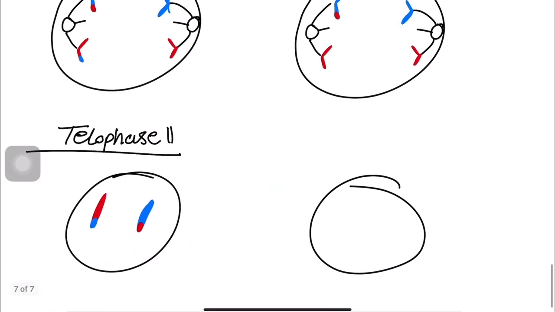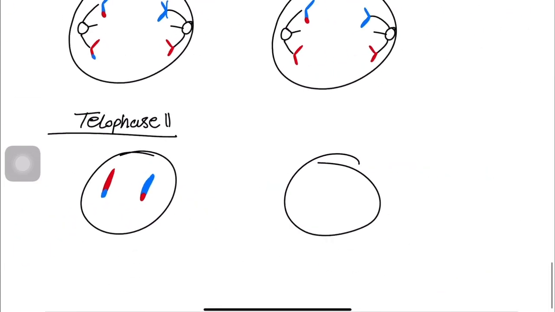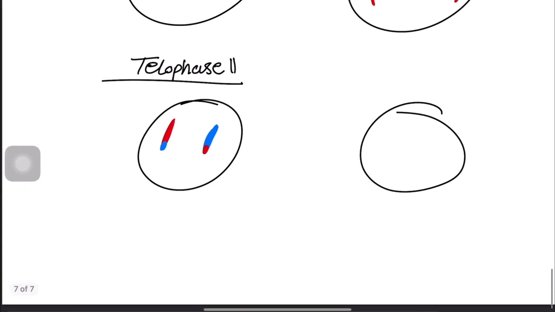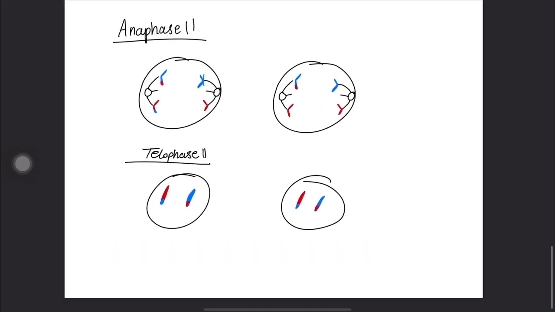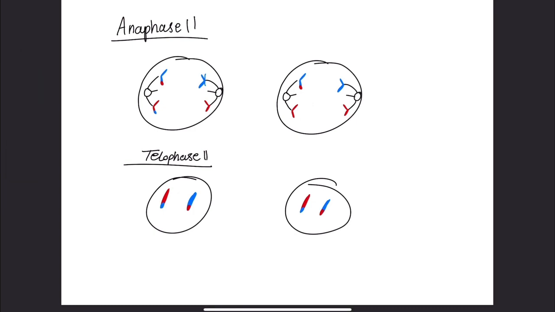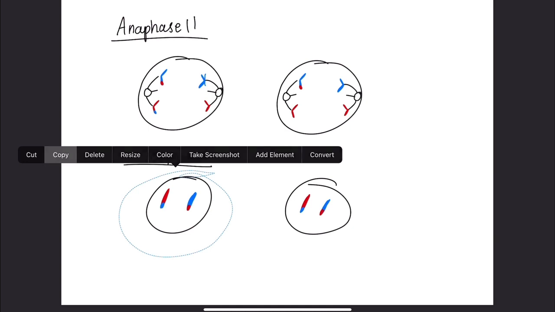I'm going to draw the other cell, or maybe just copy it. Remember, it's going to split into two cells, right?